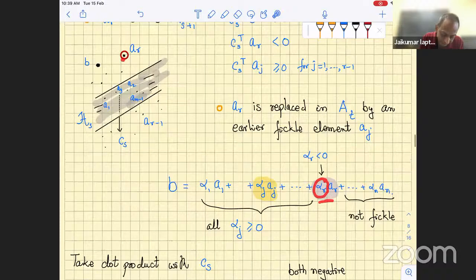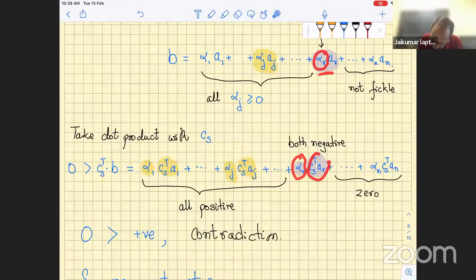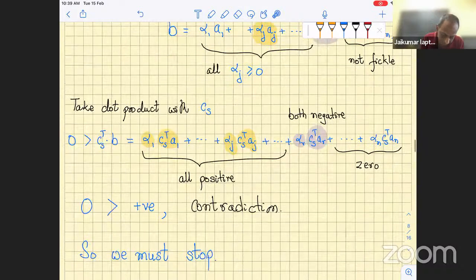At time S, it entered the basis because this quantity was negative. The product of two negative numbers is positive. So what do we get? 0 is greater than a positive constant, which is a contradiction. So cycling cannot happen.